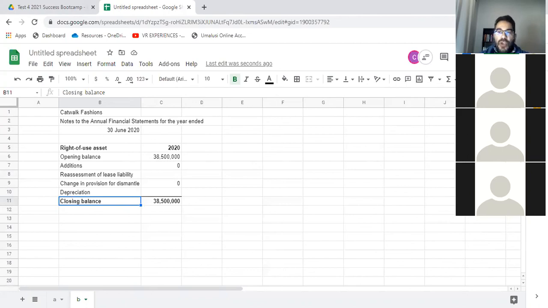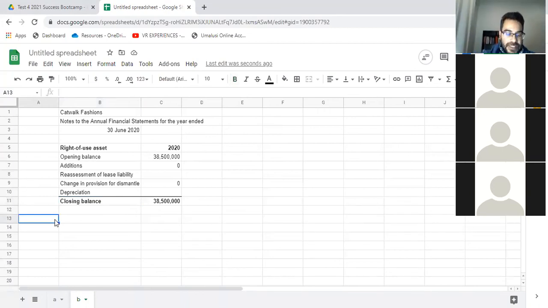Whenever you have a variable payment that's linked to an index, and that index changes every year, then there will be a reassessment every single year. Okay, so in this case, we need to work out what is the reassessed amount.